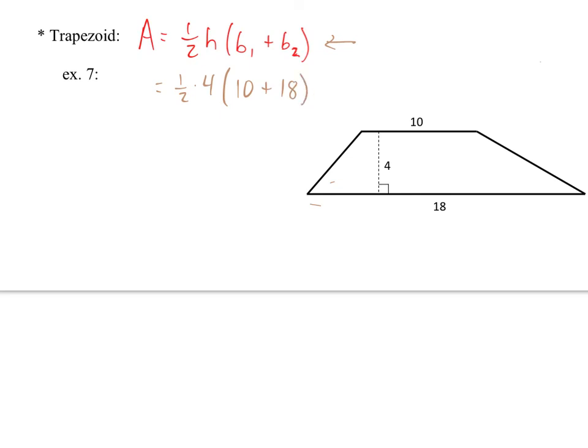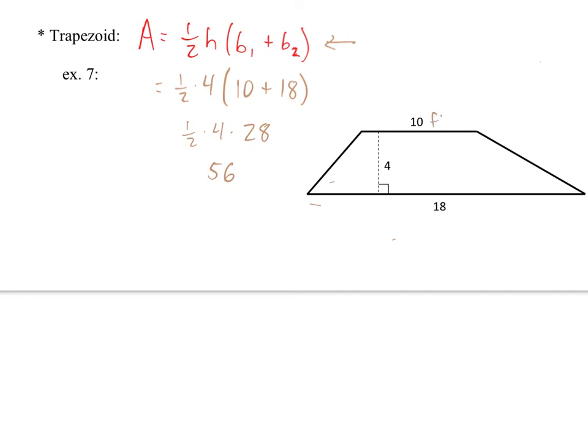Now for this, you could punch it in your calculator exactly how it's written and let it do the math for you. If you're going to do some of it in your head, you have to first add these 2 together before you can mess with those numbers. So you have 28. So 1/2 times 4 times 28. So 2 times 28 is 56.